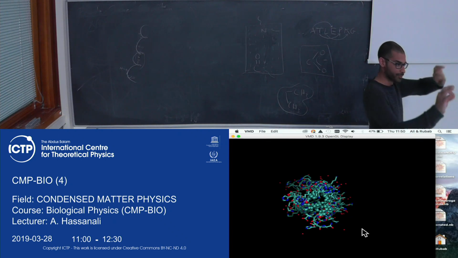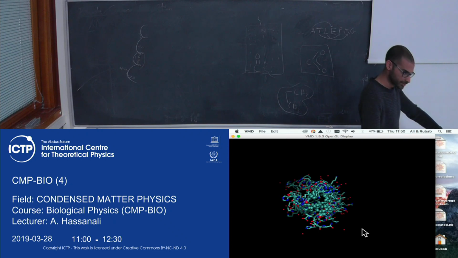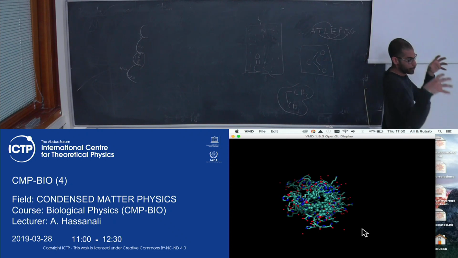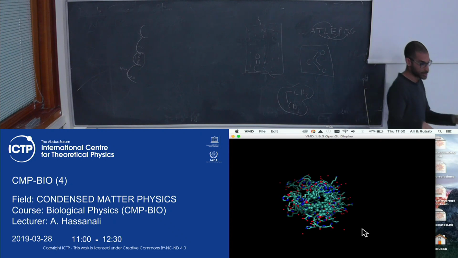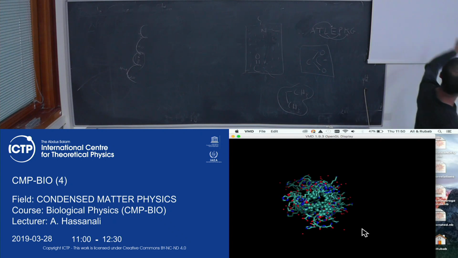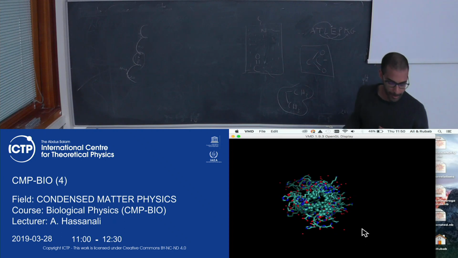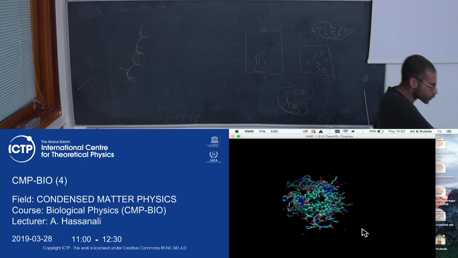It's made up of carbon, oxygen, nitrogen atoms. When you pack these things together, there will be empty spaces because it's not perfect packing.